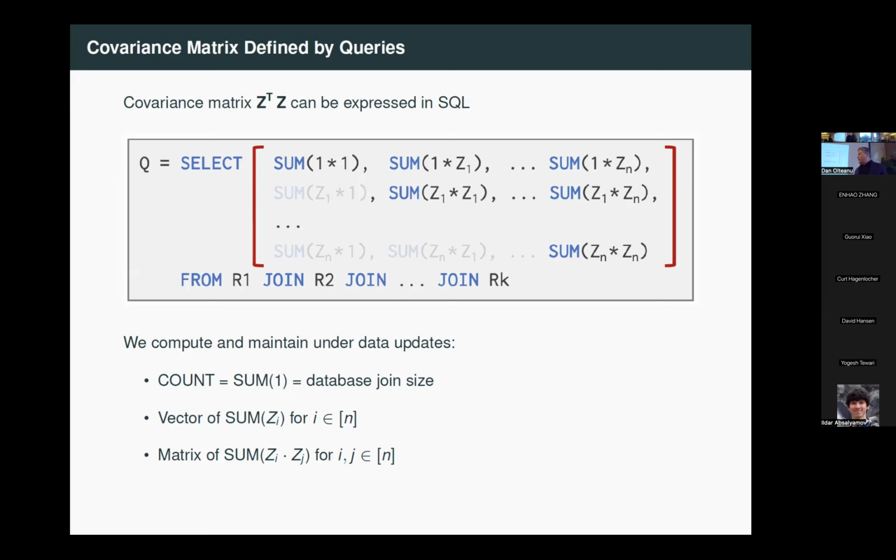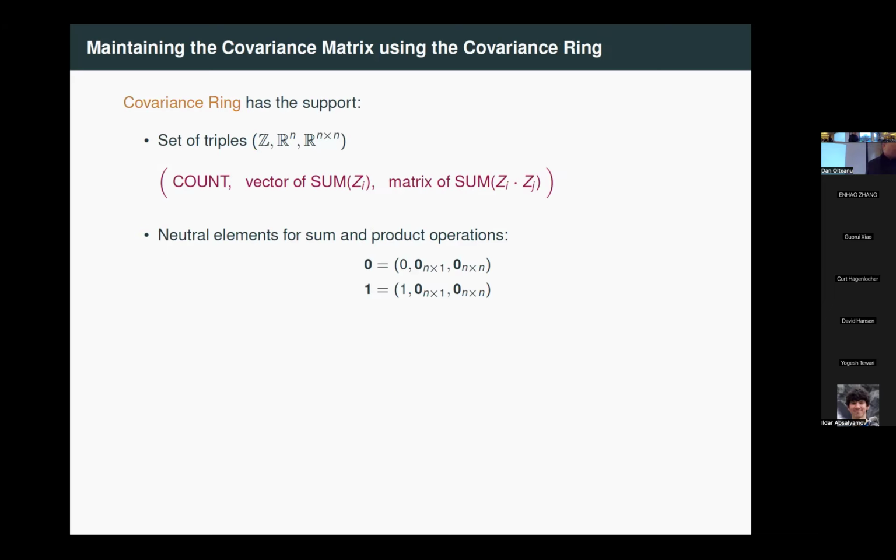Okay, that's one thing. But we do a little bit more than this. We realize that we can define an algebraic structure called the ring. We call it covariance ring, which essentially says that over these triples of count, vector of sums of the features, matrices of sum of pairs of features, we can define also neutral elements.